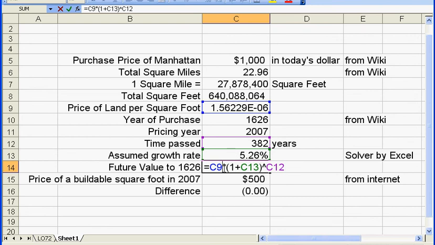And how does that happen? I just calculate the compounded future value, right? Again, blue number times 1 plus this interest rate, about 5.26%, compounded over 382 years to year 2007. You get $500.